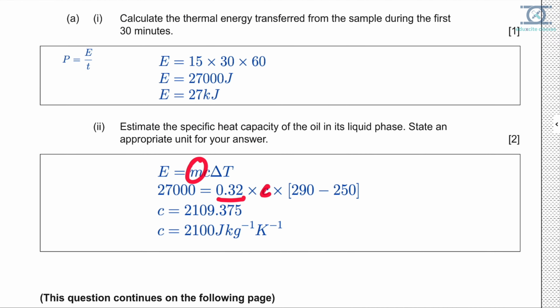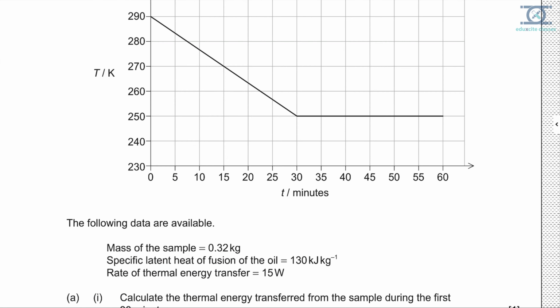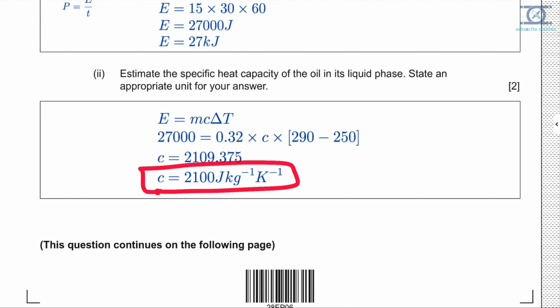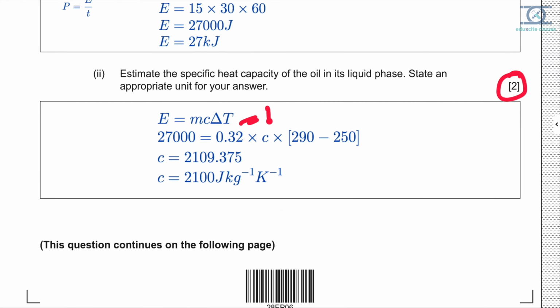C we have to find out, and change in temperature is, you can see from the graph, from 290 to 250 is the change in temperature. By just putting up the value and converting into the required significant figure, we get the specific heat as 2100 joule per kg per Kelvin.